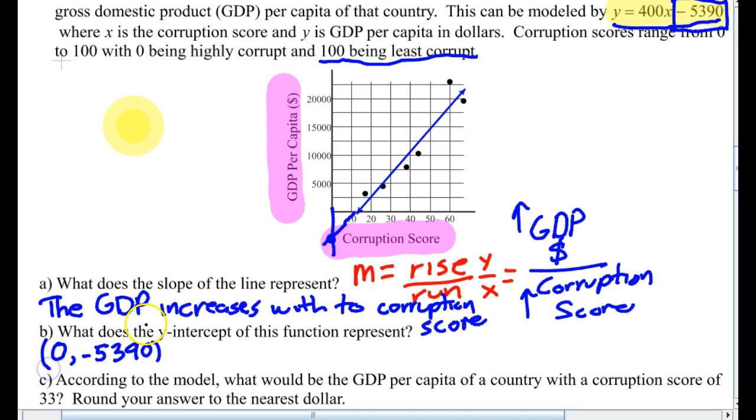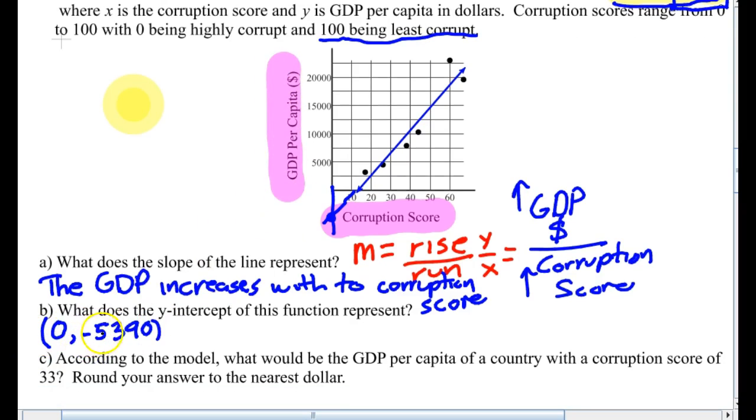And again, to interpret this, what does it mean? What does it represent? Is to look at the units. So again, the x is the corruption score, okay, and the y is the GDP. So this number is going to mean a corruption score of 0.